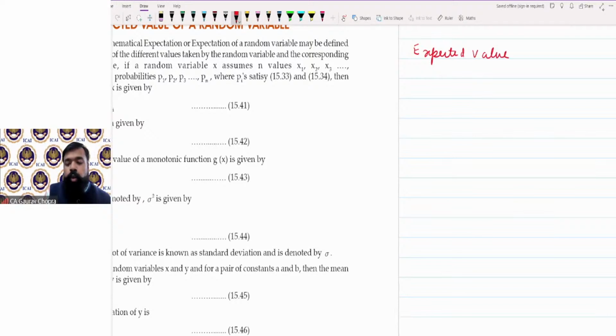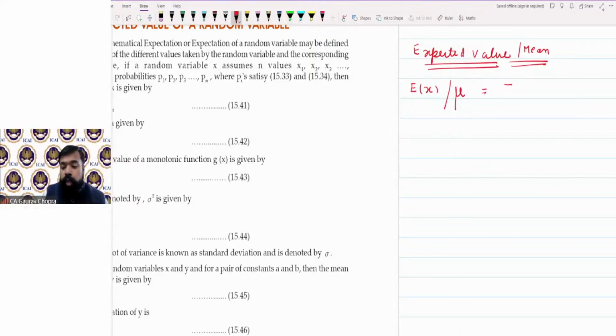Expected value is also known as mean. So here we can calculate mean using probability. In short, we can write EX or we can write mu. This symbol is known as mu and this is used for mean.